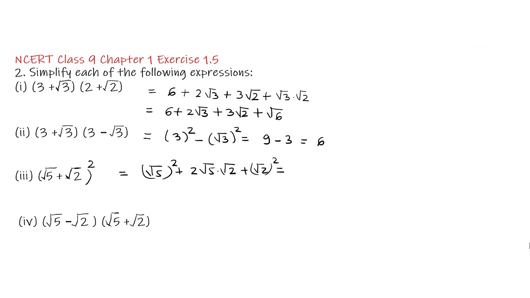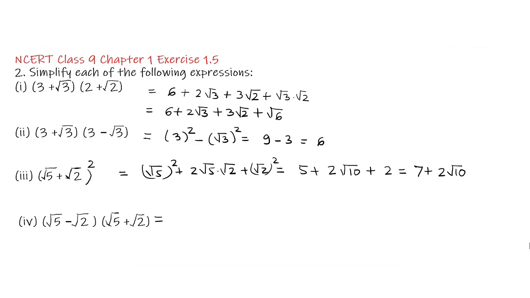This is equal to 5, root 5 square is 5, plus 2 into root 5 into root 2 equal to 2 root 10, plus root 2 square equal to 2. This is equal to 7 plus 2 root 10. This is our answer for the part 3 of the question.